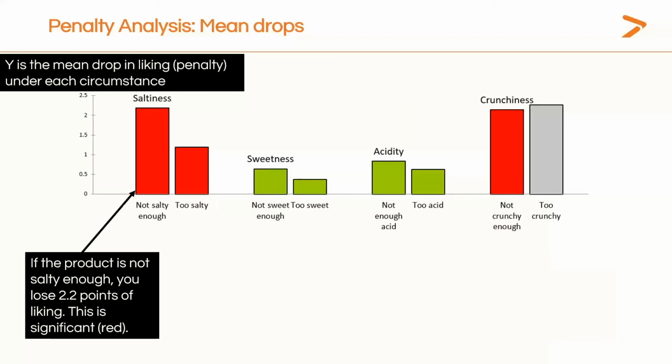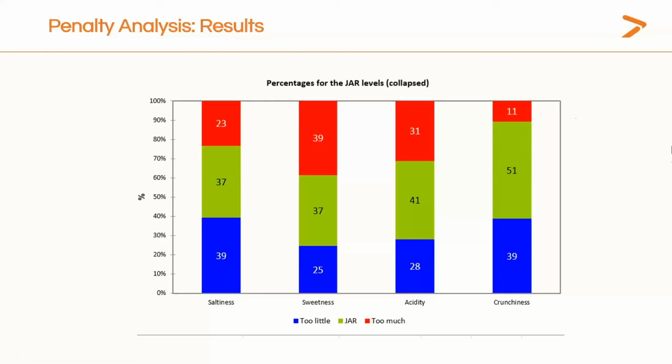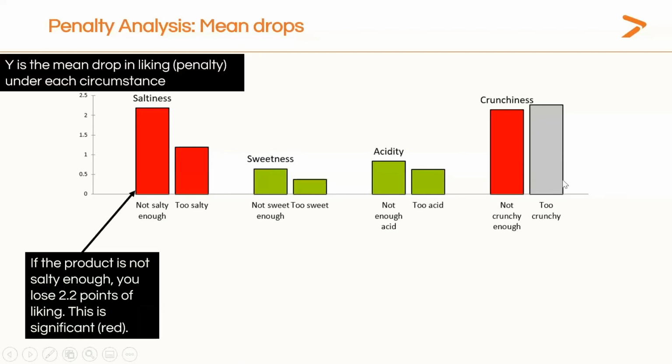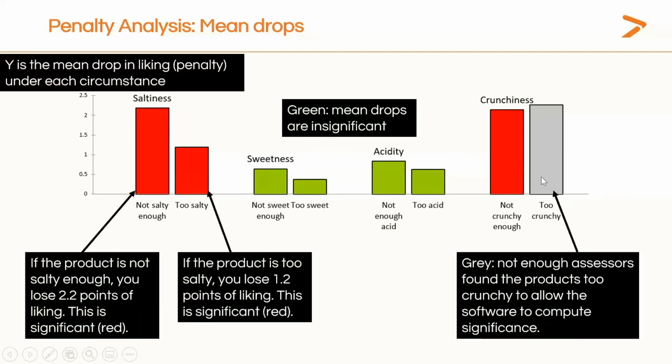Anyway, if we get back to this chart, notice that only 11% of samples were checked as too crunchy. So we cannot really test significance in this case. So you see you have very precise and quantified evaluations of to what extent your attributes impact your liking scores. We didn't have this kind of precision in external preference mapping.